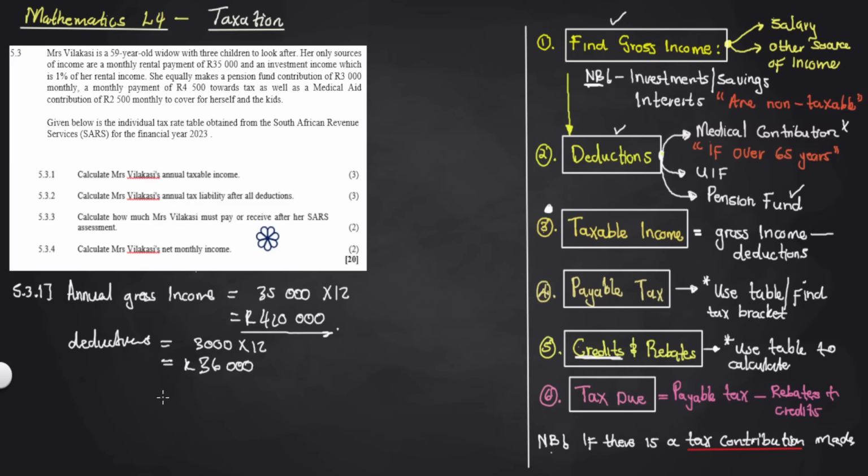Okay, so taxable income is equal to 420,000 minus 36,000, equal to 384,000.